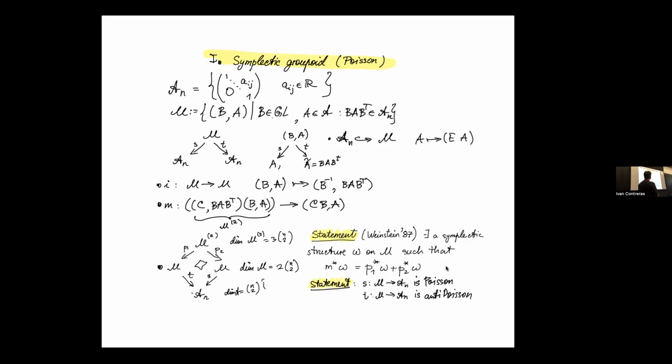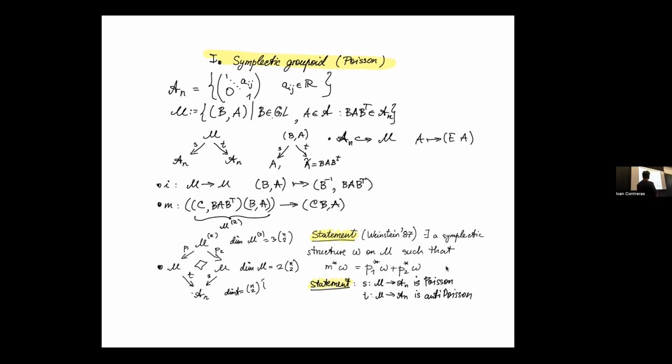And then it's clear we have two projections from the pairs to the set of objects: from a pair B, A, we can go to A, or we can go to A tilde, which is B, A, B transpose. We denote these projections by S and T, from start and target, I guess.